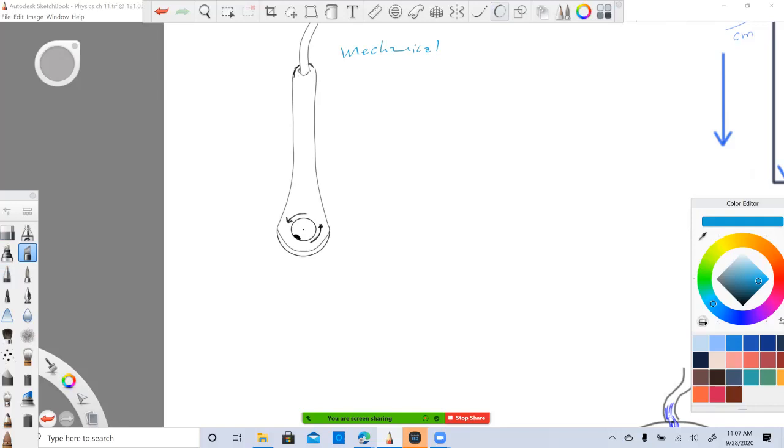Mechanical transducer, meaning the elements are moving. Usually they're spinning in a circle, one element. It produces a fan shape. So when we see this image on a screen, that's the shape we're going to see.